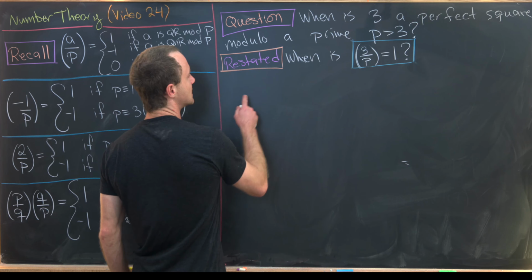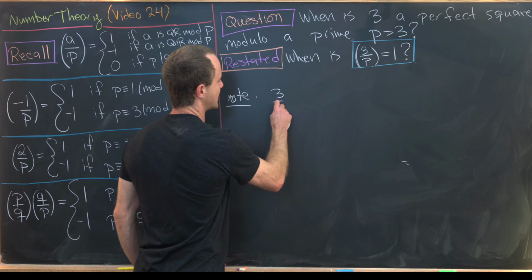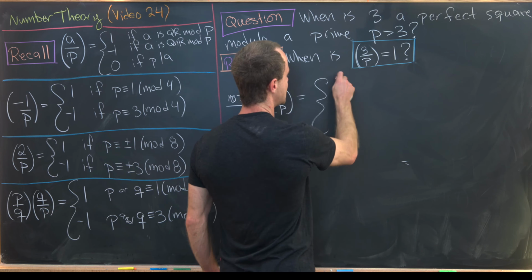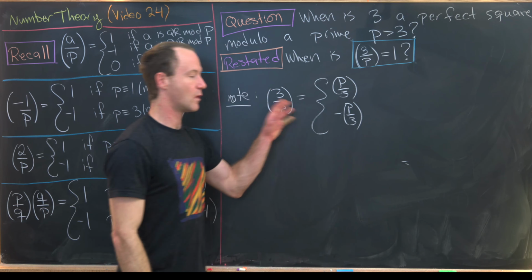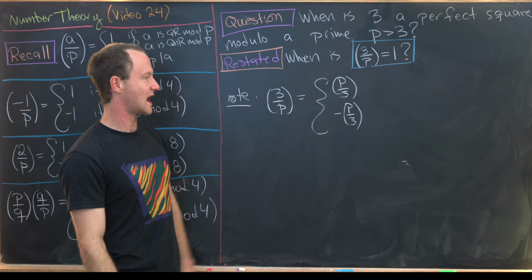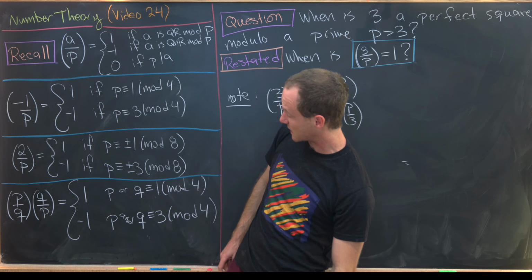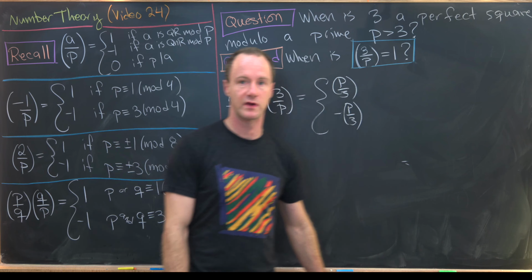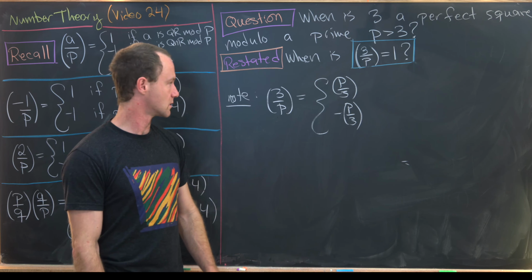Okay, so let's notice the following first. We have 3 by p is equal to either positive p by 3 or negative p by 3. By quadratic reciprocity, we know that we can exchange the order of the top and the bottom. We may pick up a minus sign depending on whether these parts are congruent to 1 or 3 mod 4. Well, we know 3 is 3 mod 4.